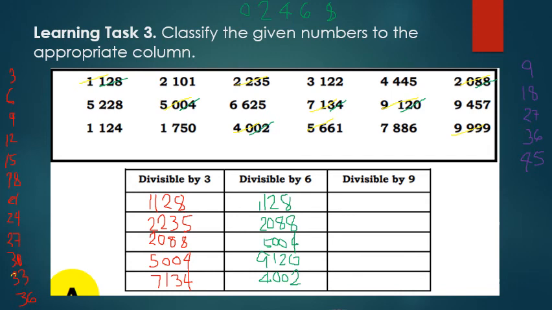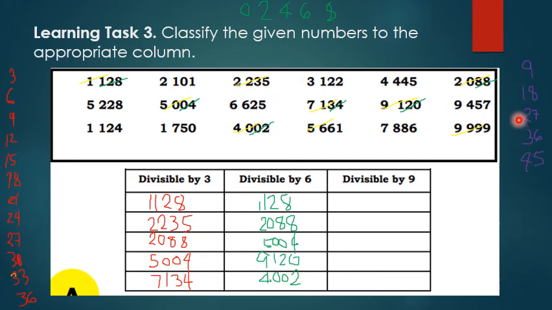Okay? So, ipag-add na po natin siya. So, dito tayo, isa-isahin ulit natin. So, doon tayo sa 1,128. So, 1 plus 1 is 2, plus 2 is 4, plus 8 is 12. So, may 12 po ba dito? So, wala po. So, yung sunod, 2 plus 1 is 3, plus 1 is 4. So, wala din po siya dito. Then, next, 2 plus 2 is 4, plus 3 is 7, plus 5 is 12.